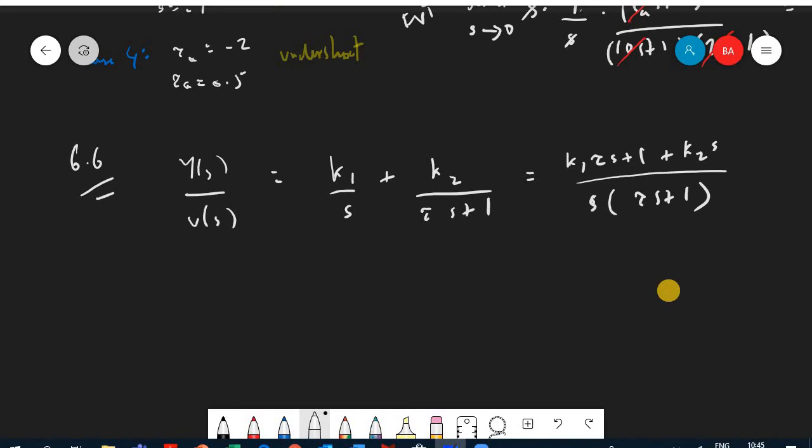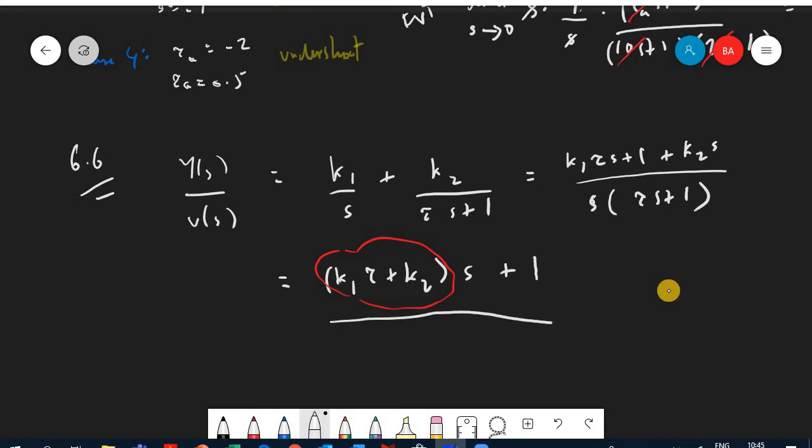If I rearrange this, it will be (k1 tau plus k2) s plus k1, divided by s times (tau s plus 1).